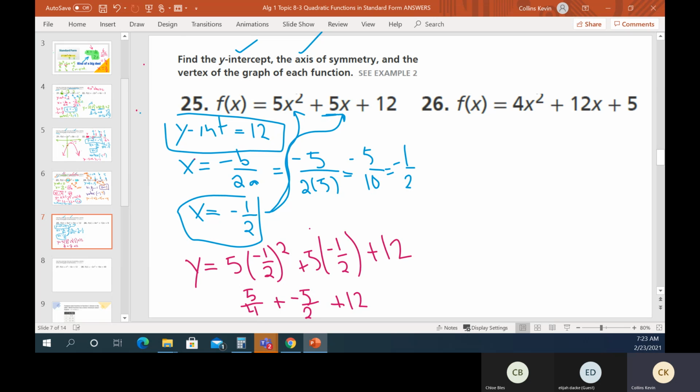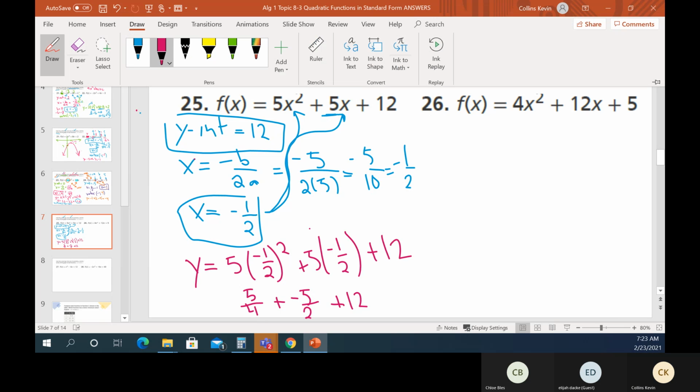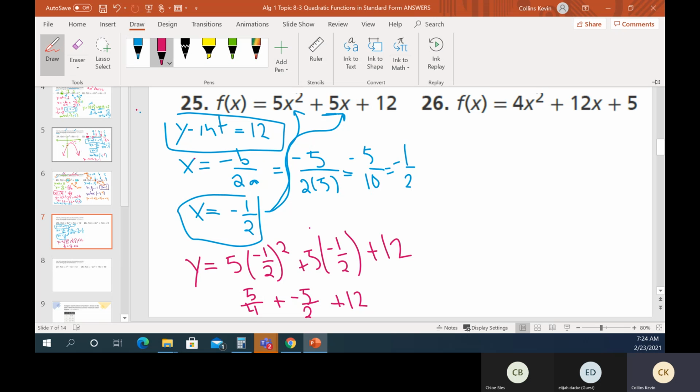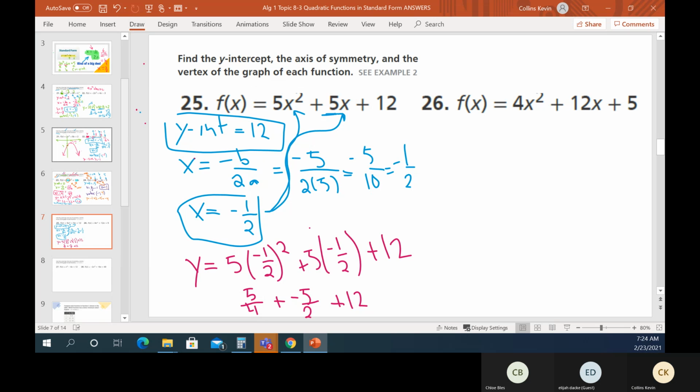So, a second. All right, so let's finish this guy upstairs here. We're going to have y equals 1.25 minus, now we do 5 divided by 2.